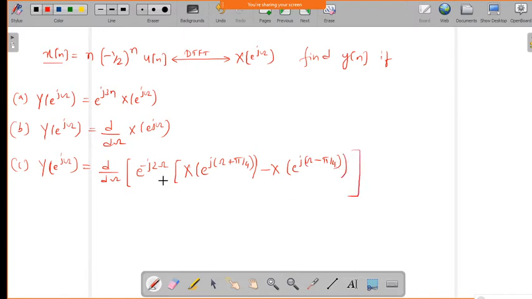Find all these three, where Y of e power j omega is given by this. Without computing the DTFT of this, find y of n. Using the properties, you can try to find the value of y of n.